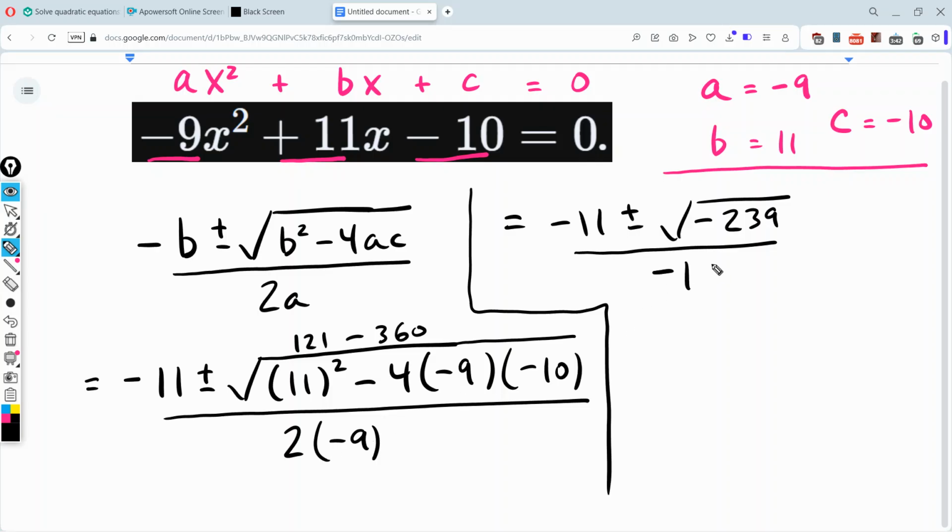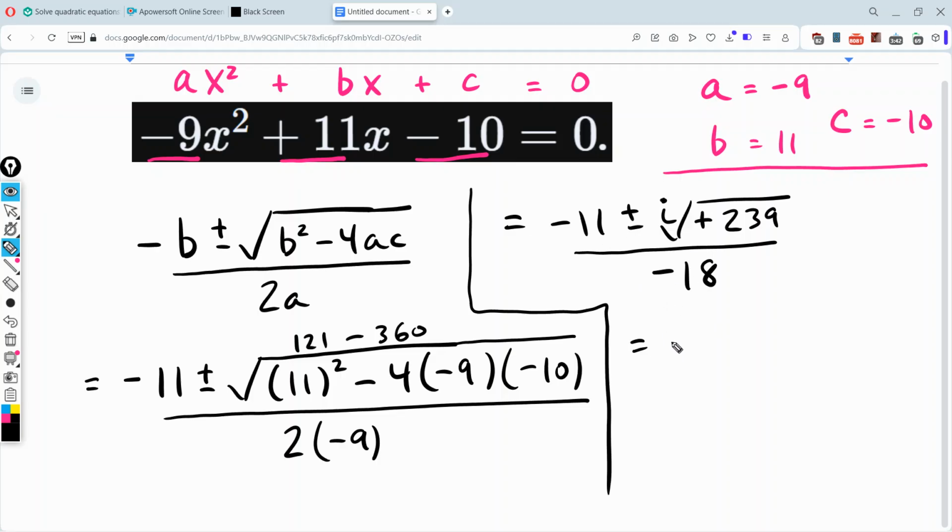That's negative 18. Okay, recall the square root of a negative: you can change it to a positive and pull out an I. All right, and also recall each one of these is over the negative 18.